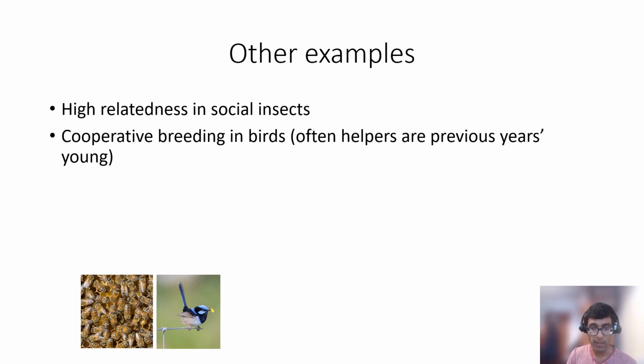Similarly, another example of helpers at the nest is cooperative breeding in birds. This often is the case because helpers are previous years' young. This bird, the superb fairy wren, exhibits such cooperative breeding, where previous years' young that haven't got a territory will stay behind and help to rear what would be their younger siblings.